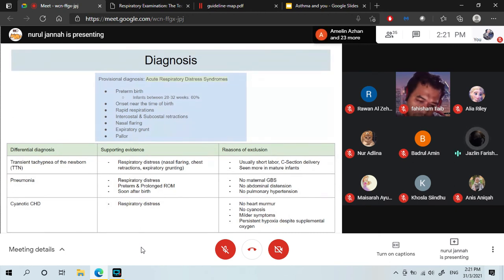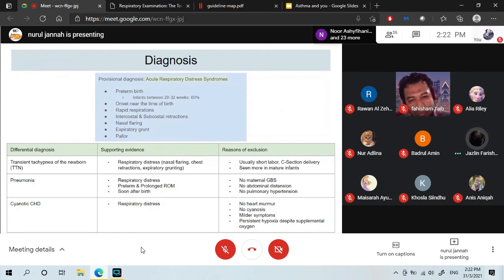For differential diagnosis, over here we have transient tachypnea of the newborn because of the respiratory distress, but it usually happens when patients are more mature. And then for pneumonia, there is respiratory distress and preterm and prolonged rupture of membrane, and the onset is soon after birth, but there is no history of maternal GBS infection, no abdominal distension, and no pulmonary hypertension.